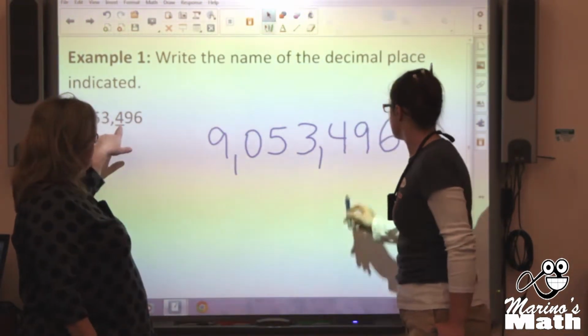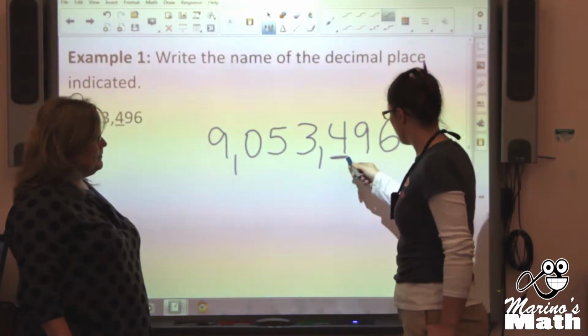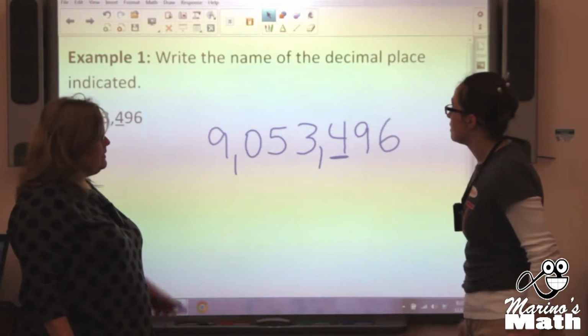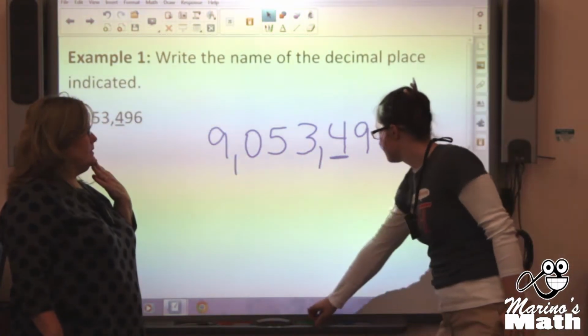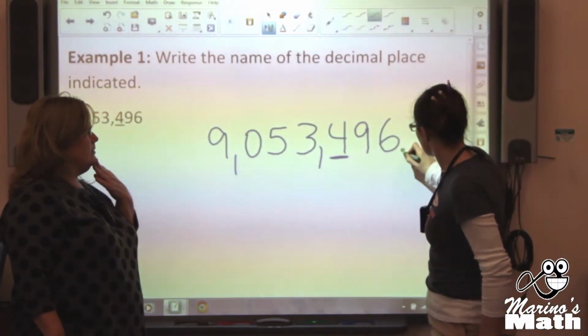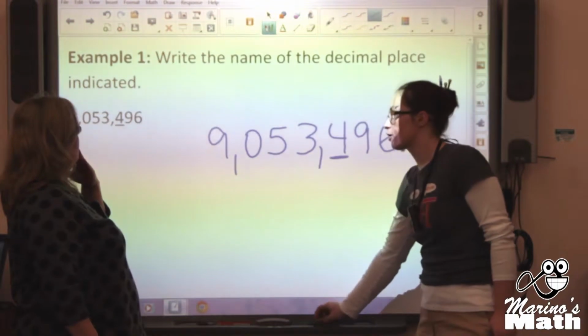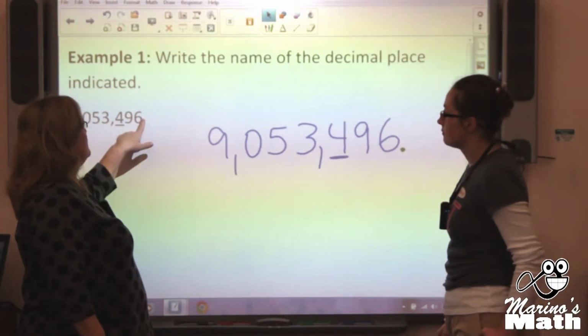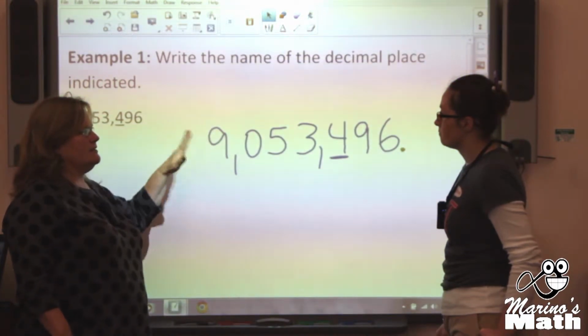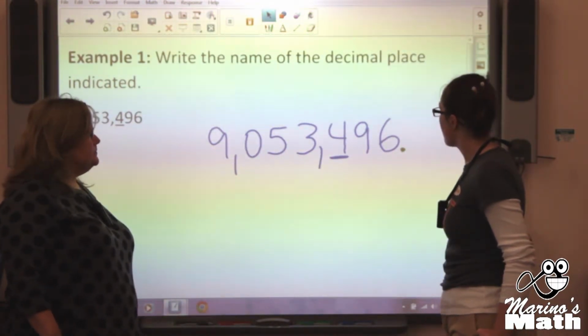And the indicated place is the 4. We're looking for what place value the number 4 is in. Now, where's the decimal point in this number? Well, the decimal point would be right here, but it wasn't written. That number doesn't actually have a decimal place. So there's one there, but you just leave it off if there's nothing else? Yeah, if there's nothing after, you don't have to write it.